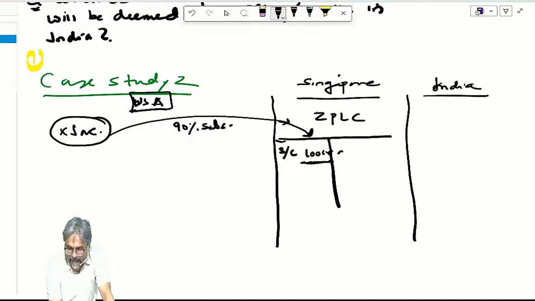Then thereafter, what you have got? Cash in bank of again 100 crore.